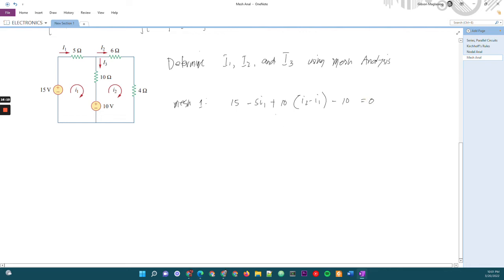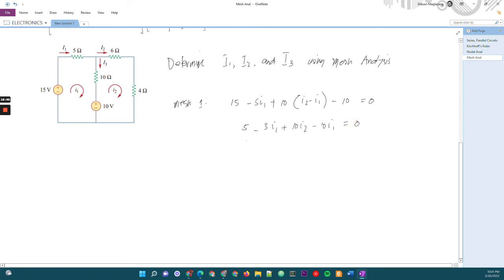Okay, so simplify it: you get 5 minus 5 I1 plus 10 I2 minus 10 I1 equals 0.